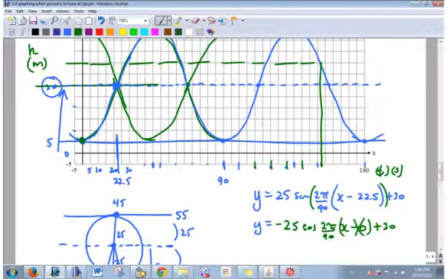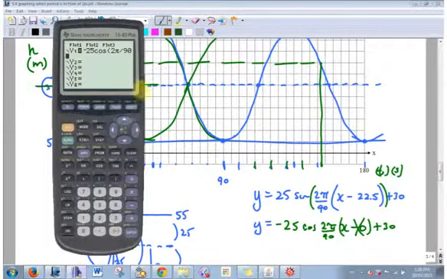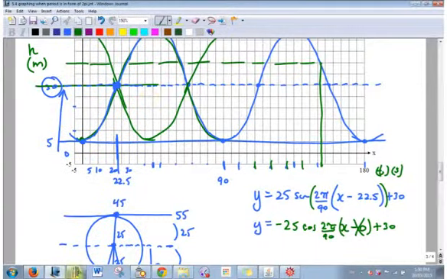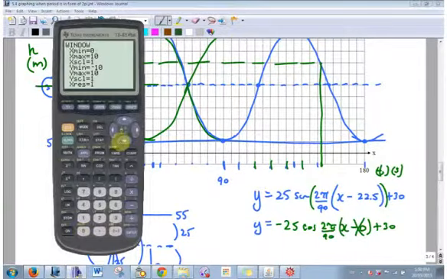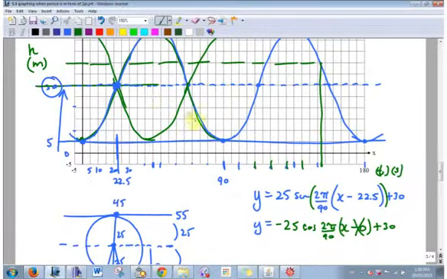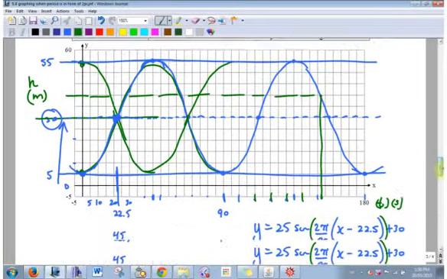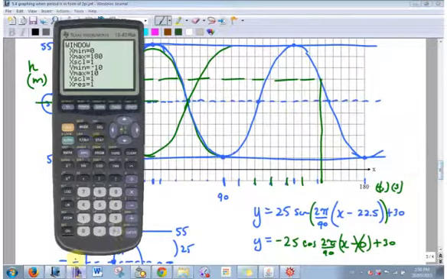No. 2 halves, so 4. Yeah, 2 left, 2 right. All right. Okay, close the bracket. Plus 30. What's your window going to be? 0 to what? How about 180? X goes from what to what? 55. Let's go to 0.